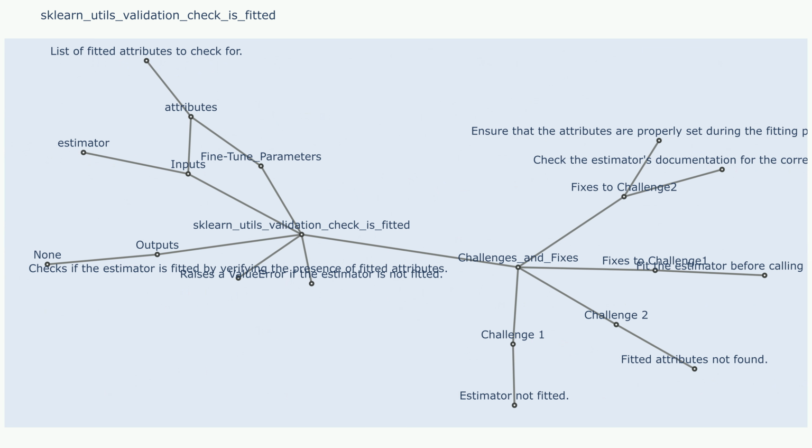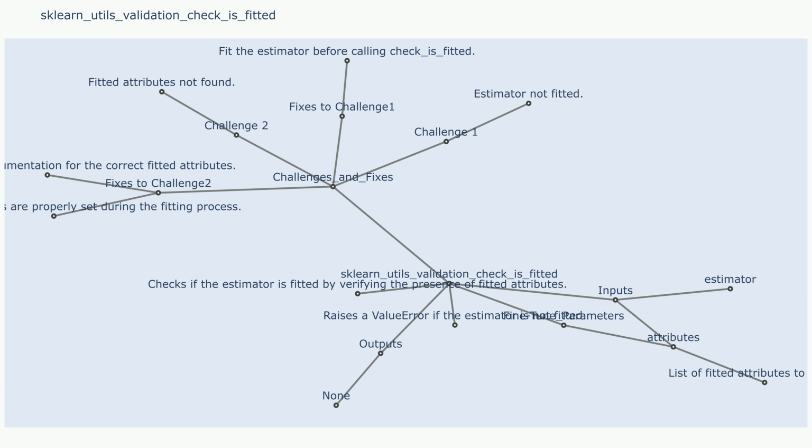If all attributes are present, if all_or_any is all, or at least one attribute is present, if all_or_any is any, the function returns without doing anything. If any of the specified attributes are missing, the function raises a NotFittedError exception.